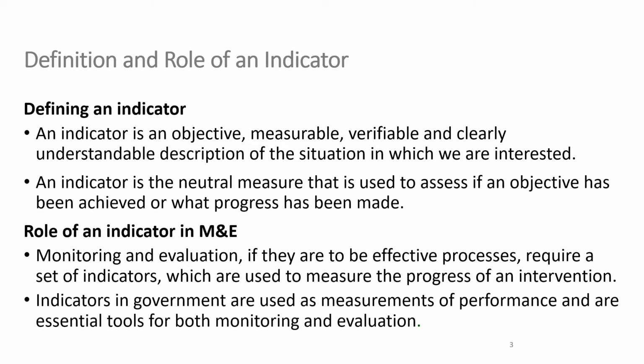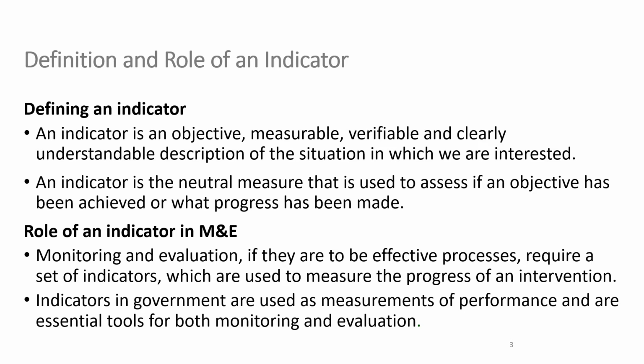You cannot have an indicator to say improve this or the growth of this, because that would be your target, not your indicator. So the indicator would be the temperature of the patient. The target would then be to reduce the temperature of the patient. But make sure when you write your indicators that they are neutral. They are then used to assess if an objective has been achieved and if progress has been made.